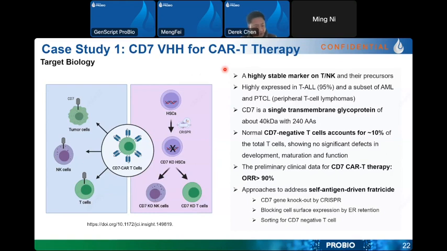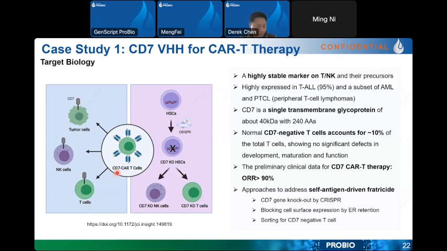Most CAR T therapies target B-cell malignancies by T-cell cytotoxicity. However, in order to kill T-cell cancer with T-cells, it is crucial to make sure that the CAR T cell will not kill itself through the CD7 marker.